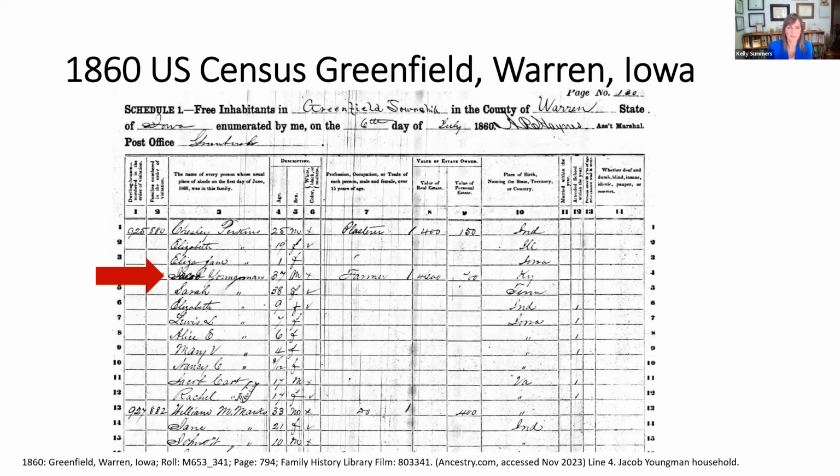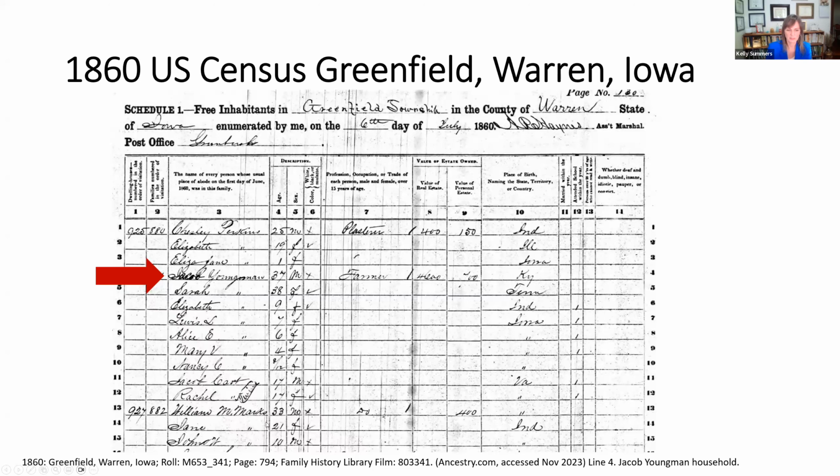Now, let's go back to this. There are a couple things I wanted to point out. One thing here is always look at who the neighbors are and who's living next to them. Very often you have family members living close by. Now, I happen to know because I later found the marriage record for Jacob and Sarah's maiden name is Marks.